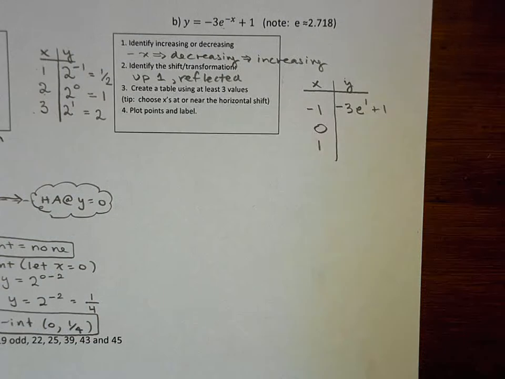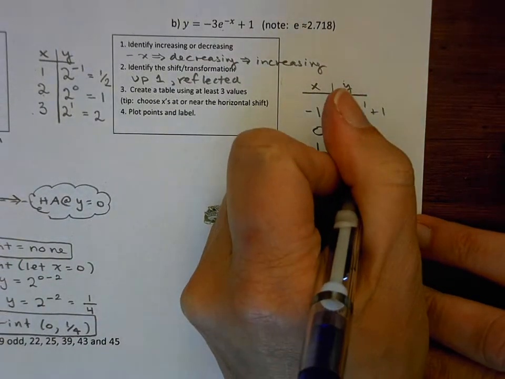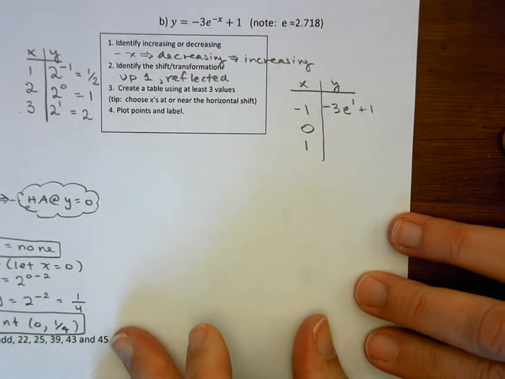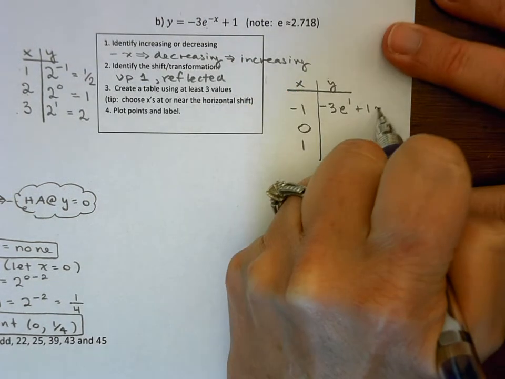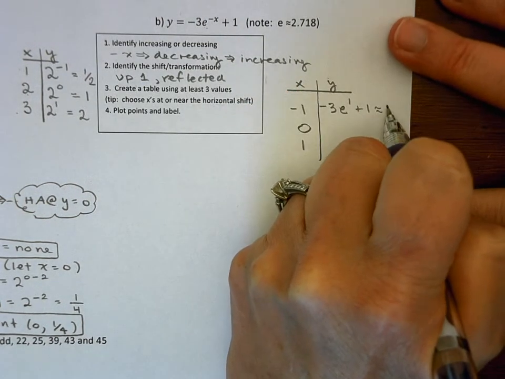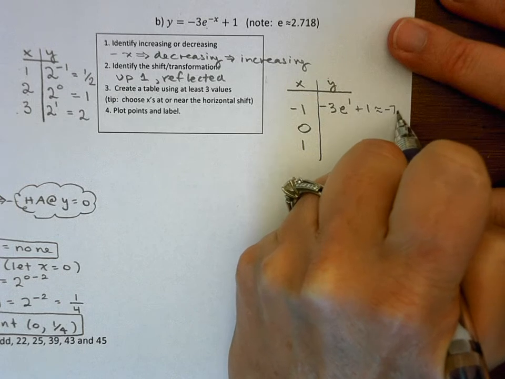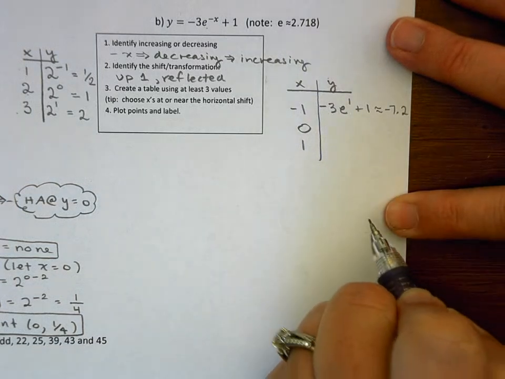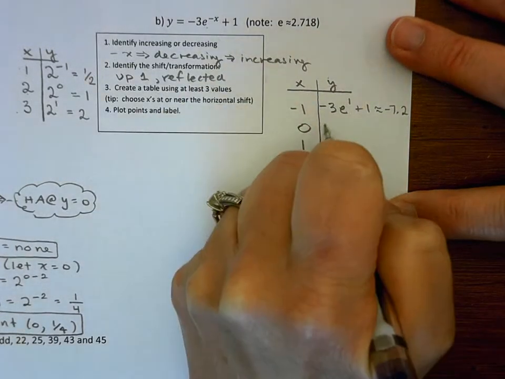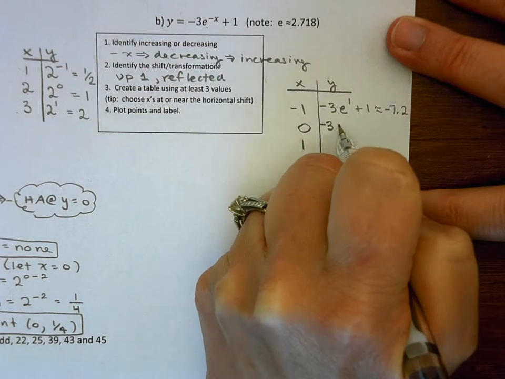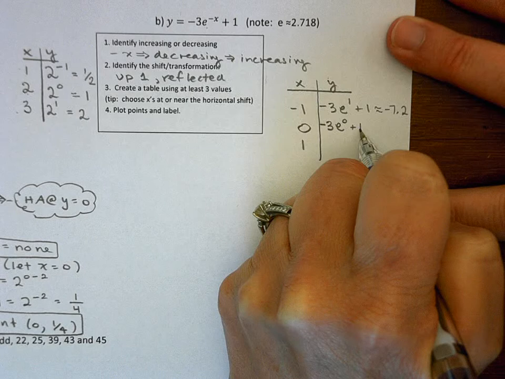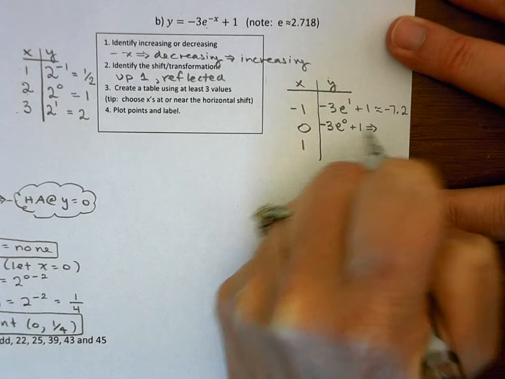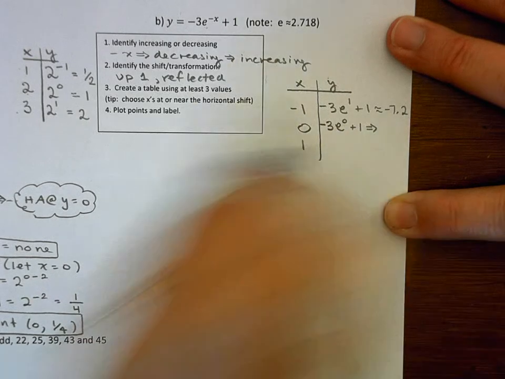And so again, if I don't know where e is on my calculator, if I can't find that, then I'll just use the 2.718. And so when I type that in, I'll get -7.2. Okay, replace x with 0, so -3e to the 0, and then +1. And then e to the 0 is just 1.